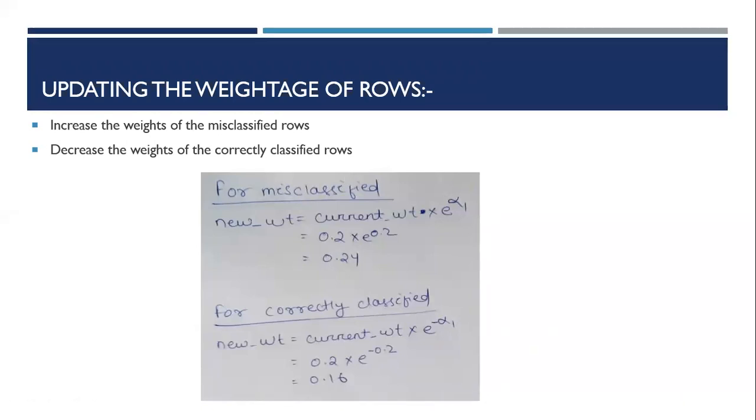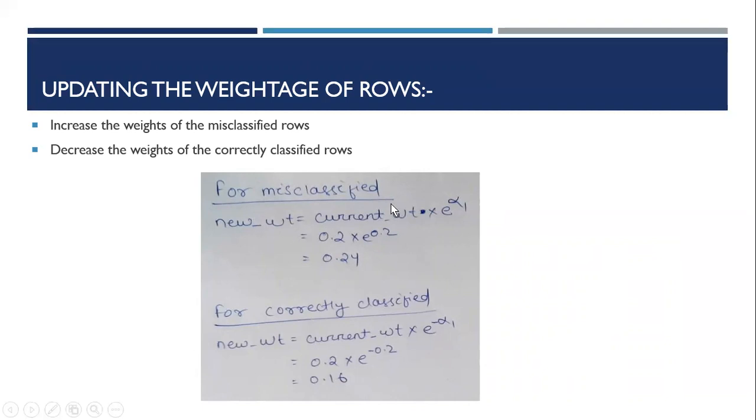It is now a combination of correctly classified and misclassified rows. We have to increase the weightage of the misclassified rows and decrease the weights of the correctly classified rows. As I have said previously, it will try to boost its errors. That's why it is increasing the weights of misclassified rows.